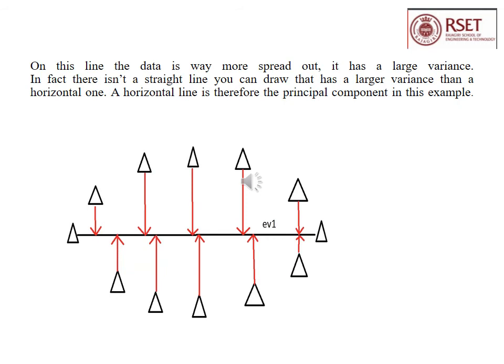From this diagram, you can see that on this line the data is way more spread out. That means it has larger variance. But in fact, there is no straight line you can draw that has a larger variance than the horizontal one. So this horizontal line is the principal component, because the remaining lines do not have as much variance compared to the horizontal line. So that line indicates the principal component.